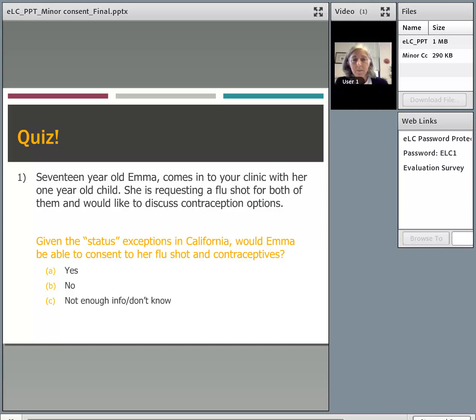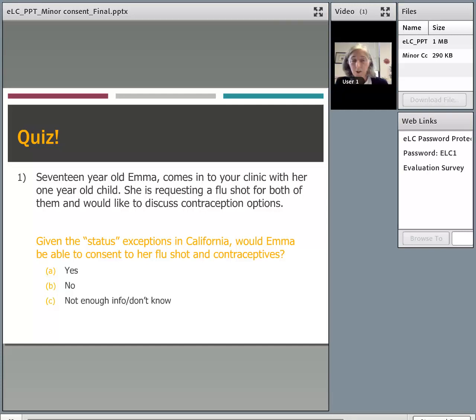Let's say in this case she's 17, but she's living at home with her parents who are helping her raise her child. She's not married, she's not in the armed forces, so she does not meet any status exceptions. If she doesn't meet any status exceptions, we have to look to minor consent service exceptions.